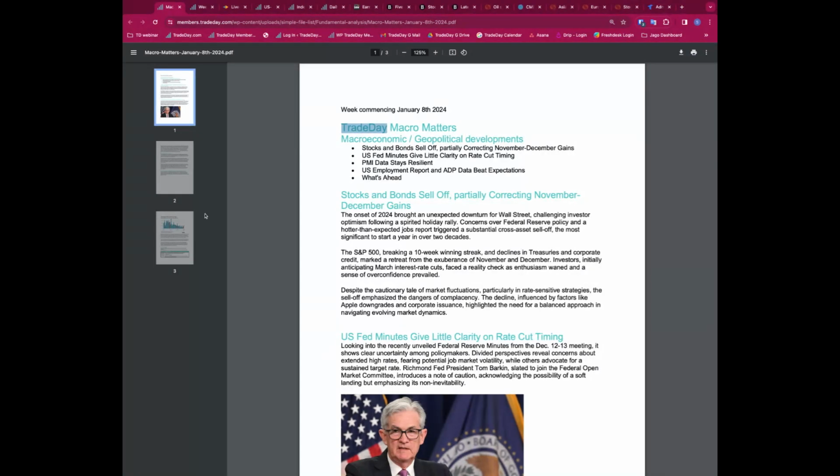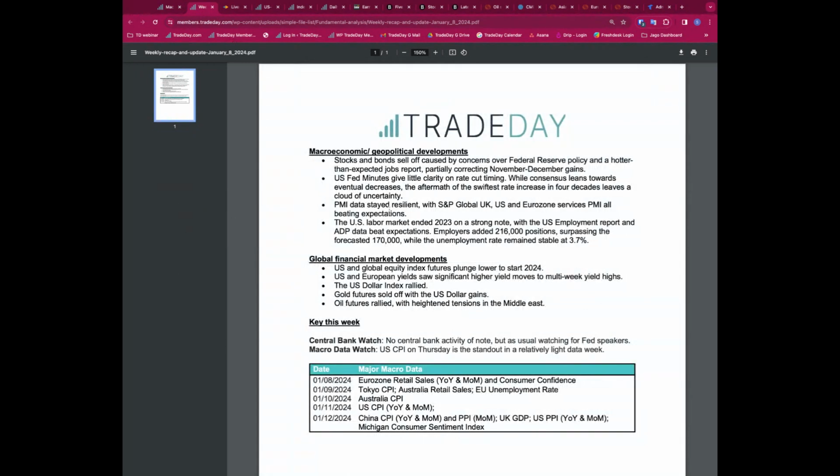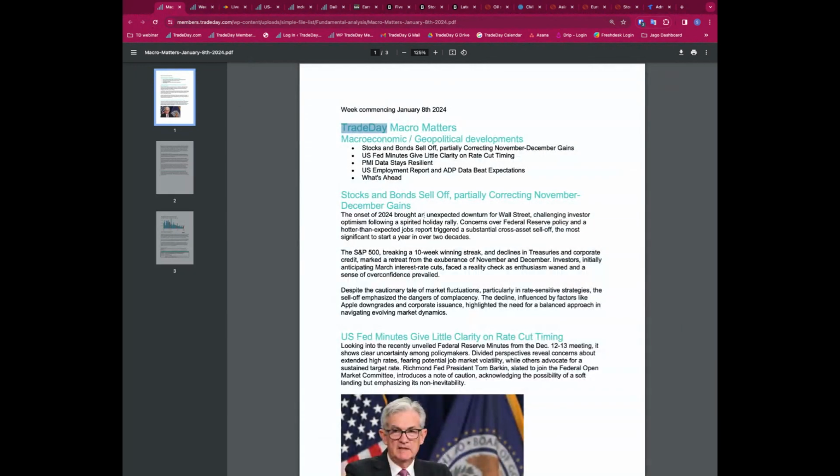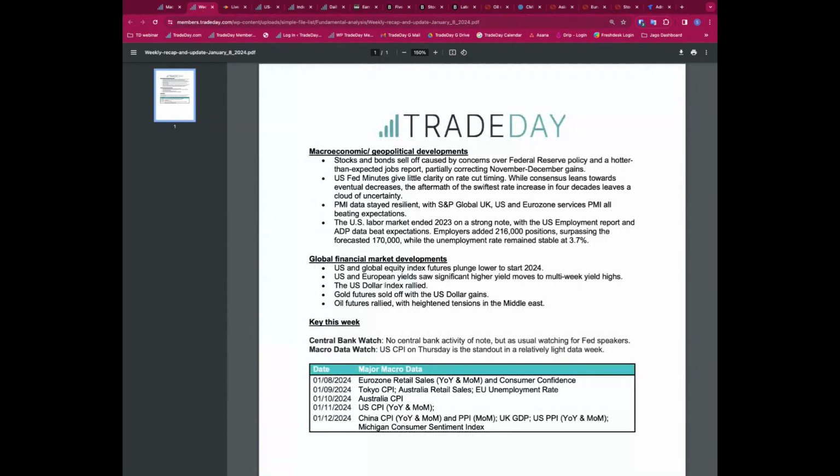The fundamental reports, I usually upload these at the weekend. The weekly reports are the Trade Day Macro Matters, and then there's also the weekly recap, which is like a shortened version, just a bullet point version. So if you want to read in more depth, you've got the Trade Day Macro Matters, and if you want to look at the summary, then we've got the weekly summary.